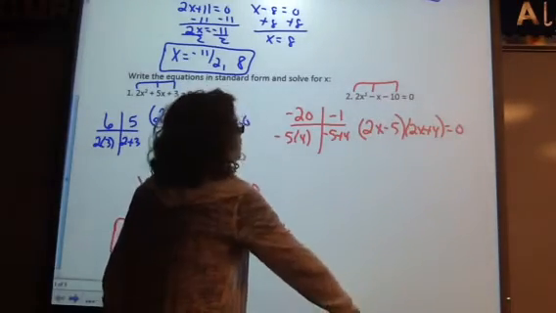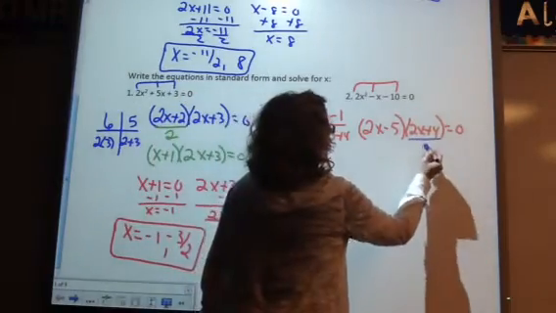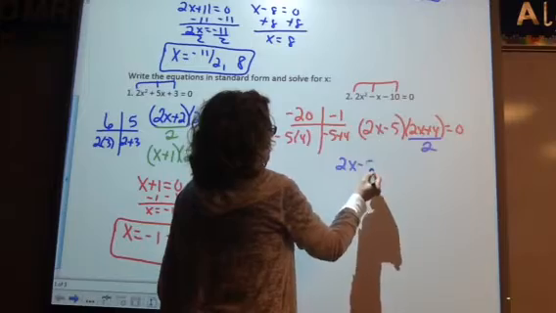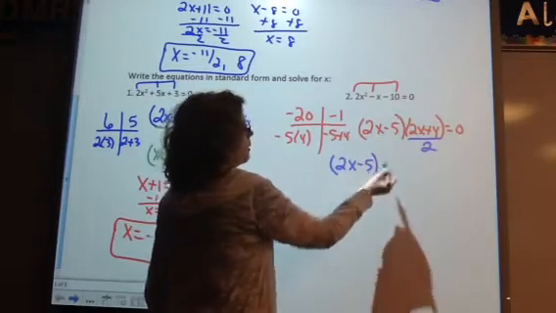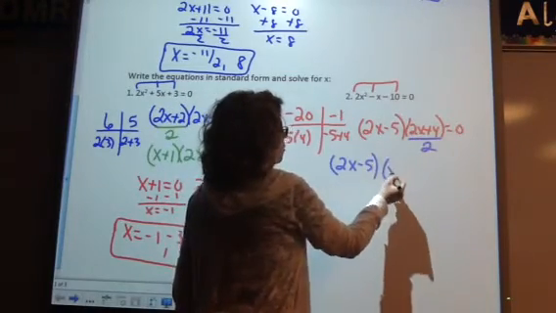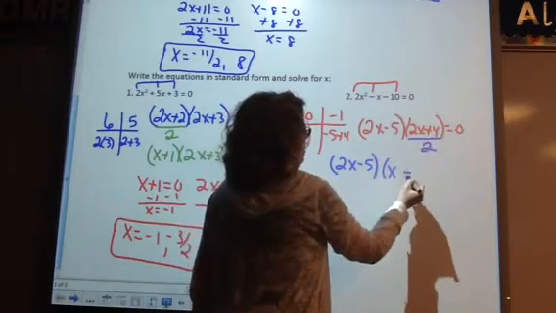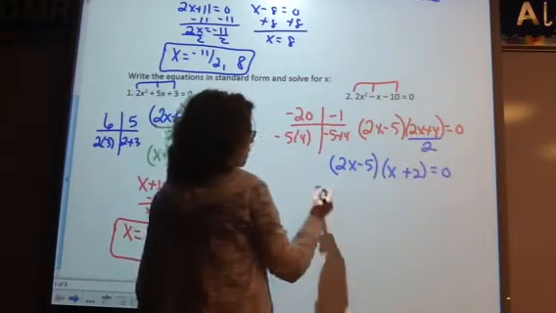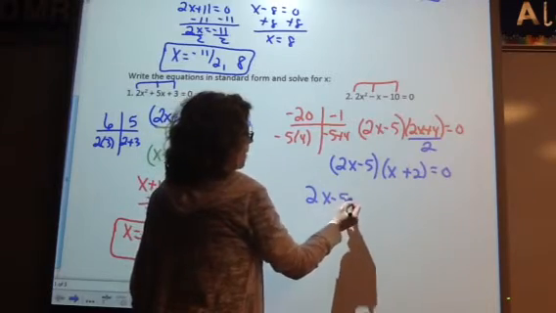Okay, so we can simplify this binomial by dividing each term by 2. So we have 2x minus 5 for the first binomial. 2x divided by 2 is 1x. 4 divided by 2 is 2. Now we set each binomial to 0 by using our 0 property.